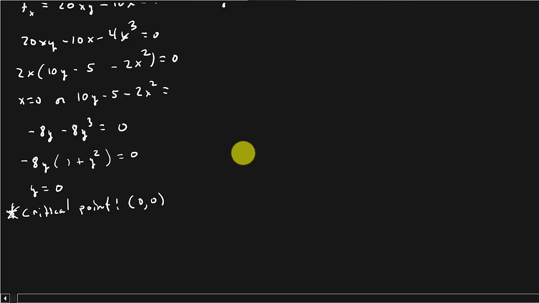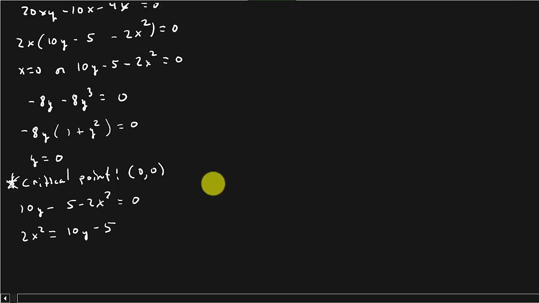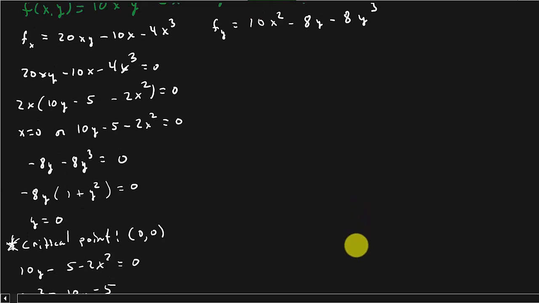If you take 10y minus 5 minus 2x squared equals 0, you can see that 2x squared is equal to 10y minus 5, if I move the 2x squared over here. And so x squared is equal to 5y minus, and then 5 divided by 2 is 2.5. So that's x squared.